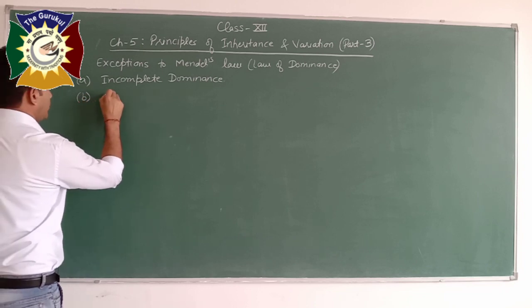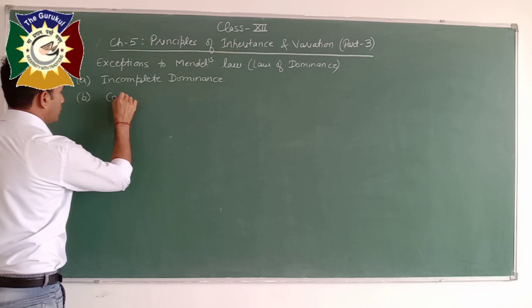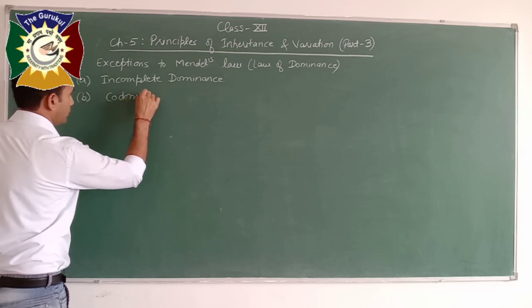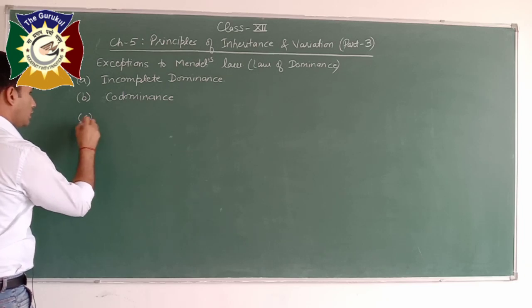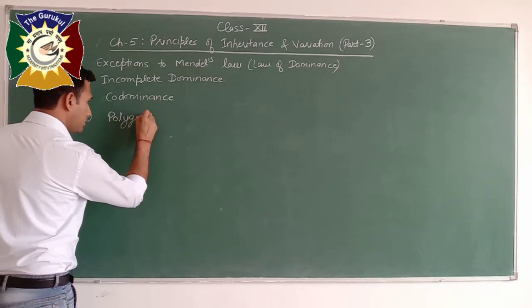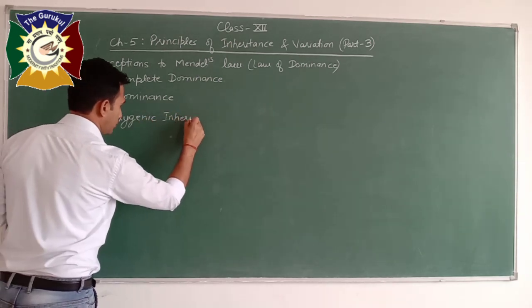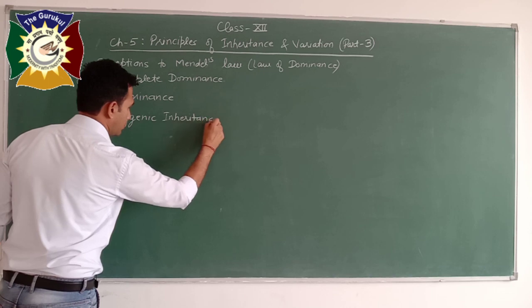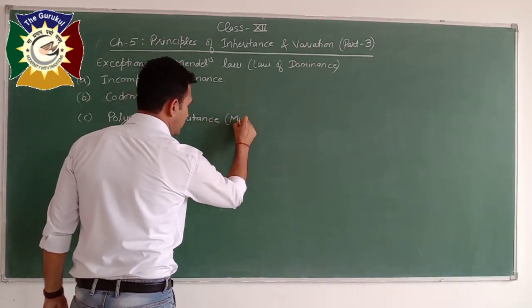Second is codominance. Third is polygenic inheritance. It is also called as multiple allelism.